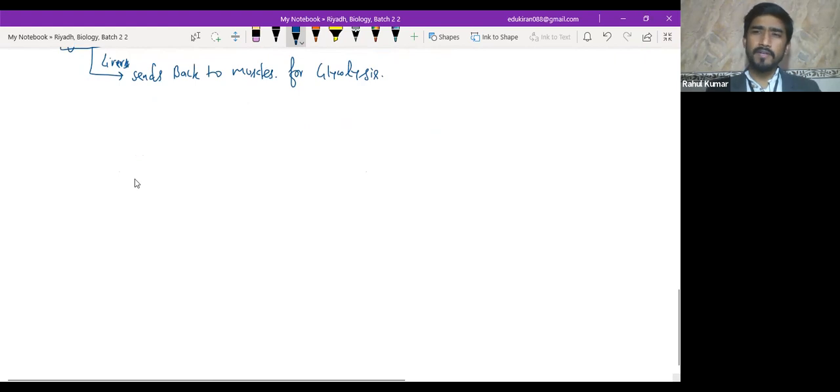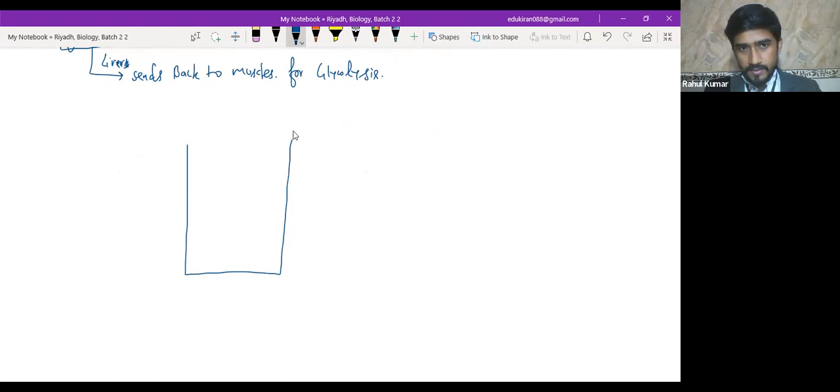Let's make this pathway. It's a very small one. It can't actually be called a pathway because it's a cycle. So how should I make this? Let's say on one side you have your muscles. This area is your muscles, the skeletal muscles mostly.